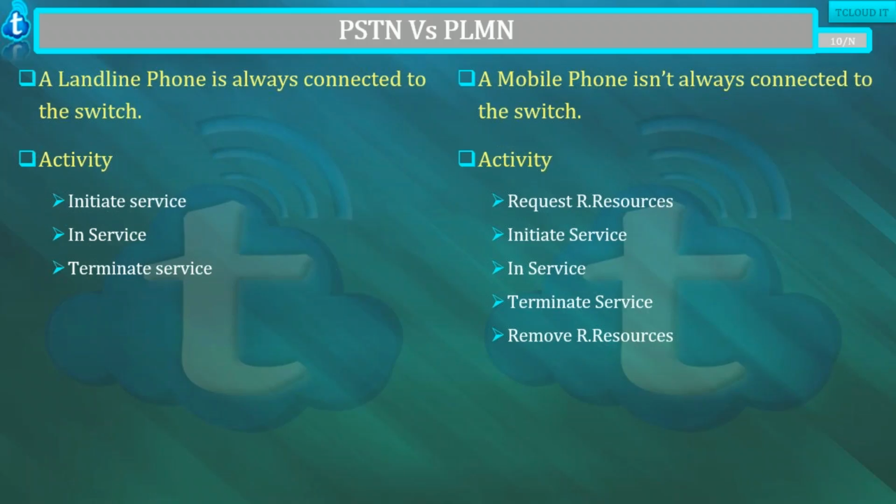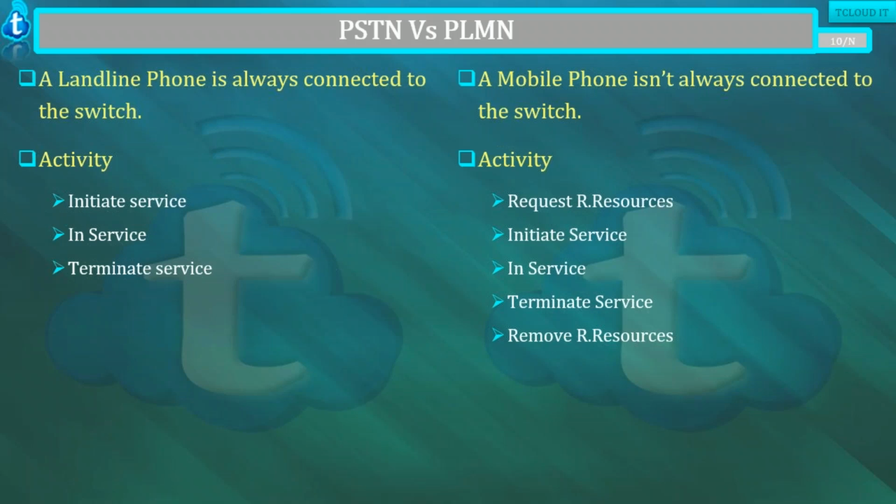Once the service is done, there will be an additional step at the end to remove the radio resources, whatever that are allocated to this particular user. That is extra step, because you will never allocate radio resources to any user permanently, because very less amount of radio resources are available.